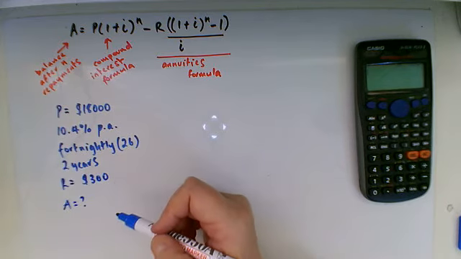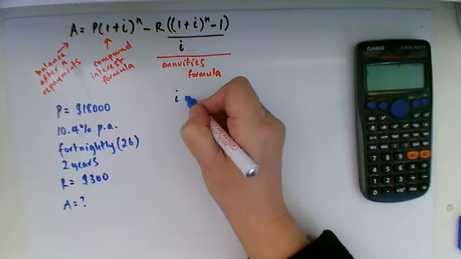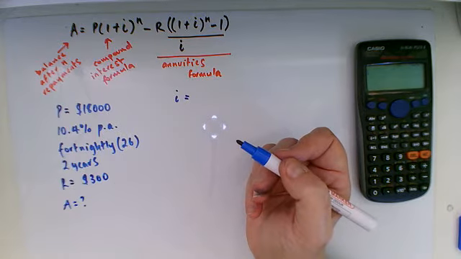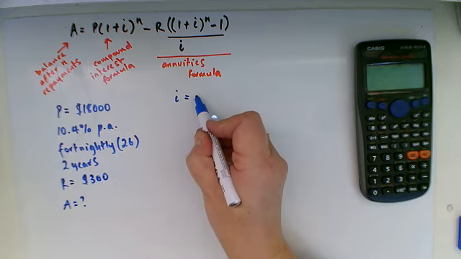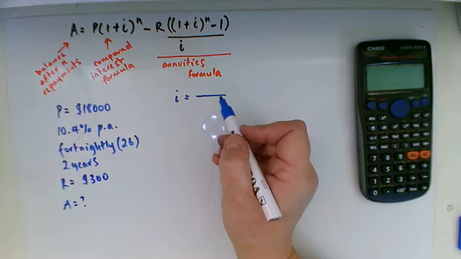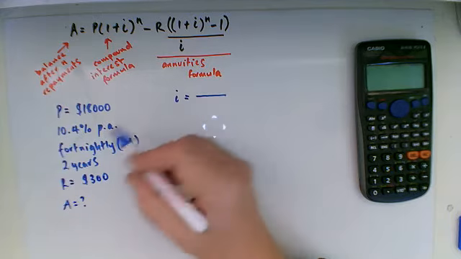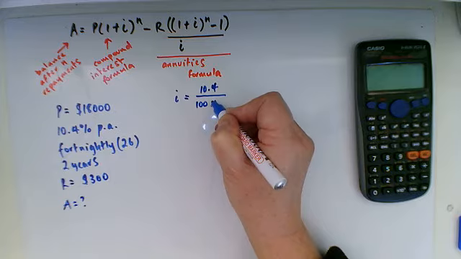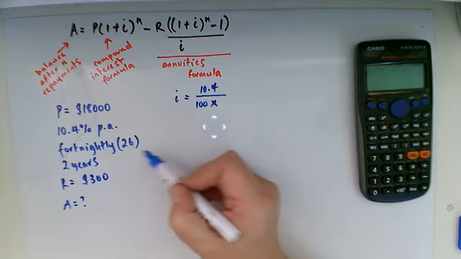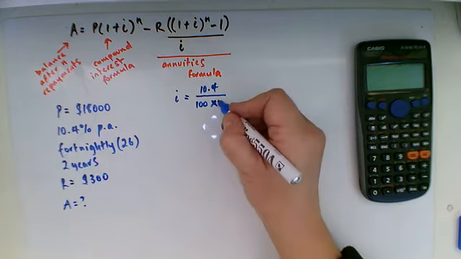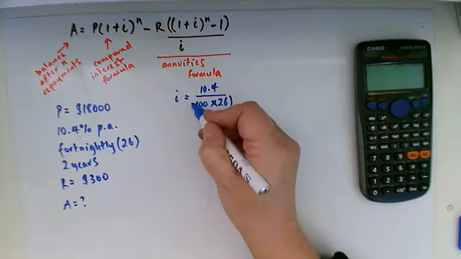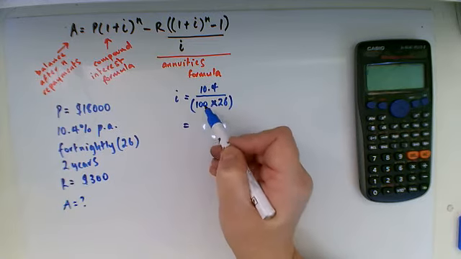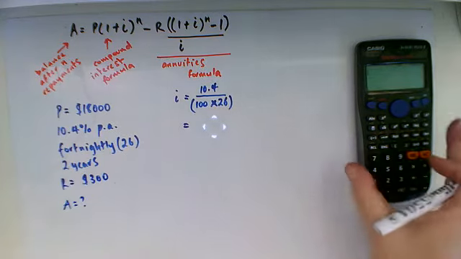So first thing we need to do is work out I. We take the percentage annual interest rate, 10.4, divide it by 100 to make it a decimal, and then divide by 26, because there are 26 fortnights in a year. Remember, we're just working out the interest rate as a decimal for the compounding period at this point.